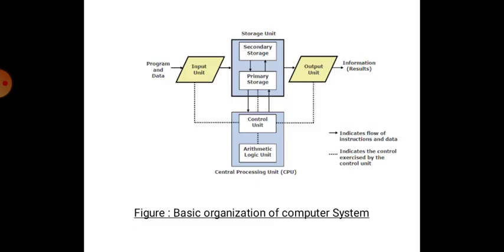In this slide, you can see the diagram showing basic organization of computer system. You find here 2 parallelograms and 2 rectangles. The parallelograms show the input unit and output unit, whereas of the 2 rectangles which are interconnected, the top rectangle represents the storage unit, whereas the bottom rectangle represents the central processing unit.